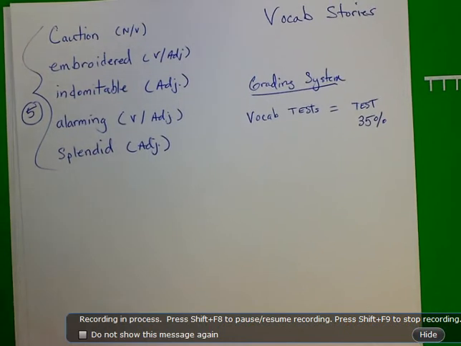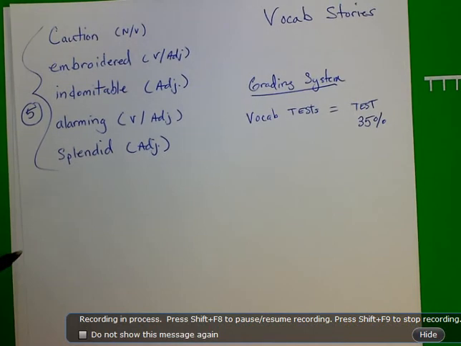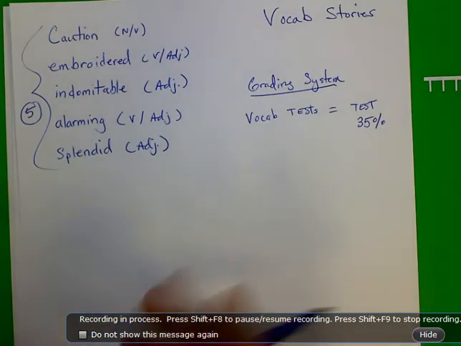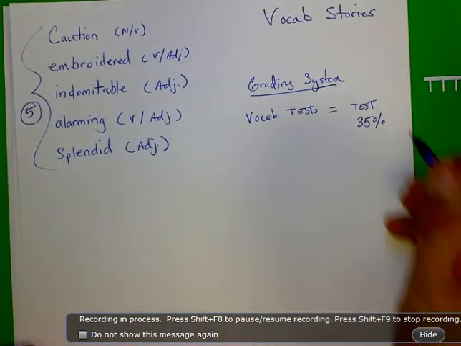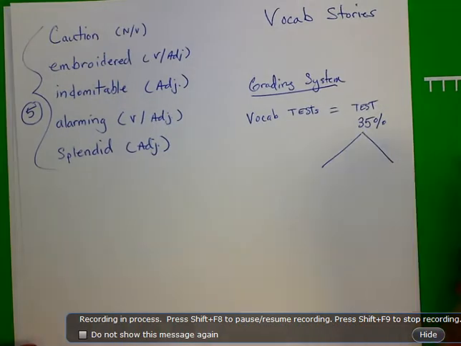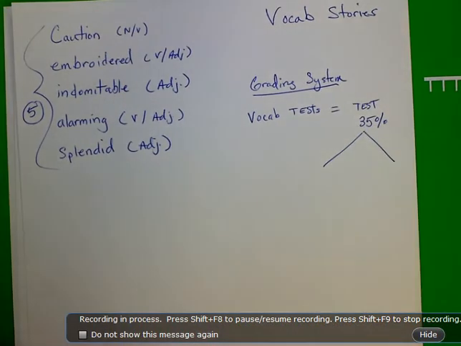Studying, practicing, group practice is always a good thing. But vocab tests are one part of that. We do a lot of vocabulary, so I want to make sure that everyone knows how to do this. Now, that being said, when you take a vocab test in English, it's actually broken into 2 parts.